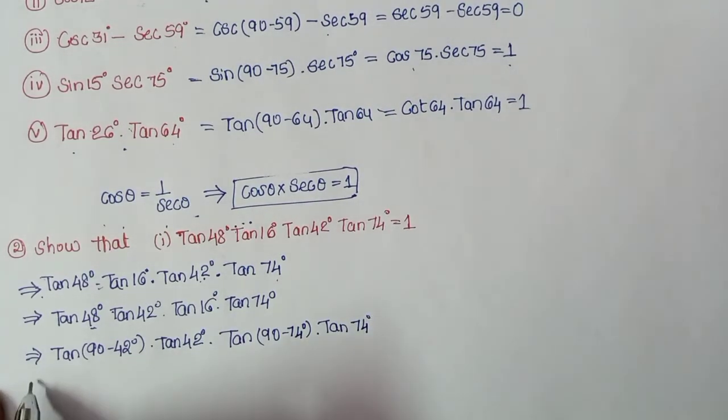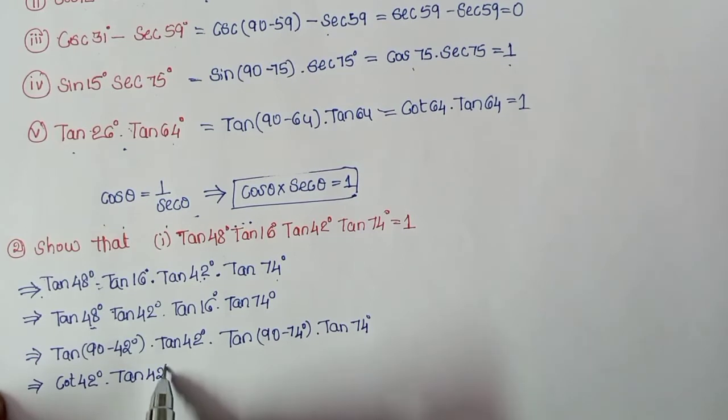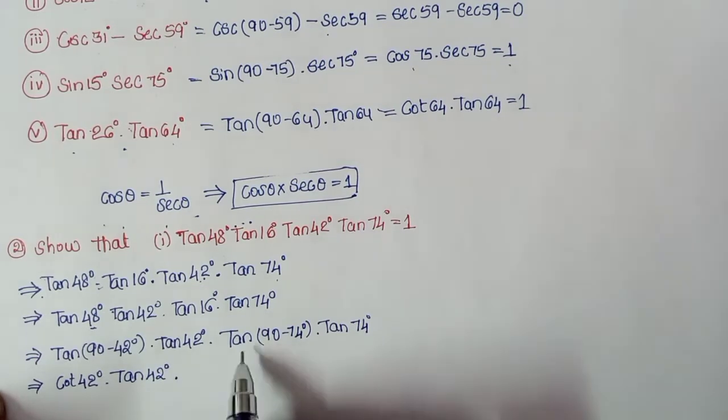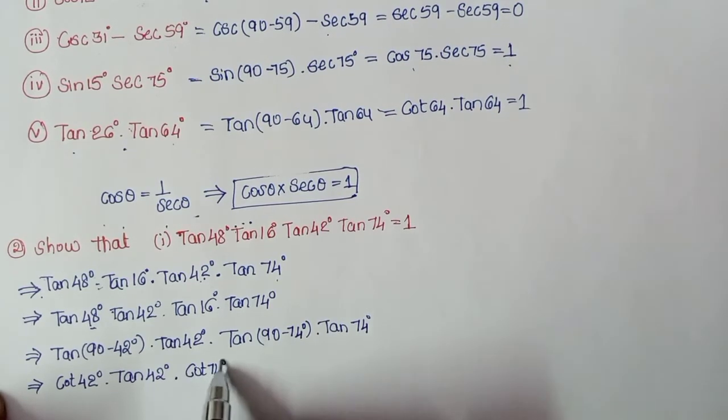Tan 90 minus theta is what? Tan 90 minus theta is cot theta. We have seen that. So cot 42 degrees into tan 42 degrees into cot 74 degrees into tan 74 degrees.